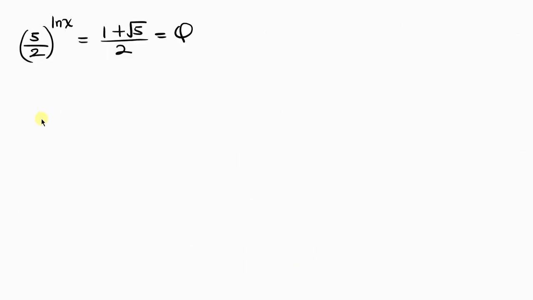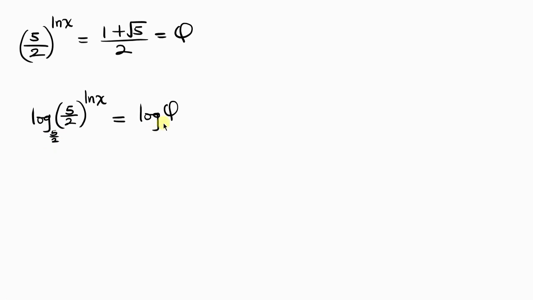Now our next step will be for us to take the log of both sides. So the log of the left hand side, which is log of 5 over 2 to the ln x, equal to the log of the golden ratio. But I can't just take the log of both sides. I'm going to be taking the log of this expression, and the base should be what I have here, which is 5 over 2.